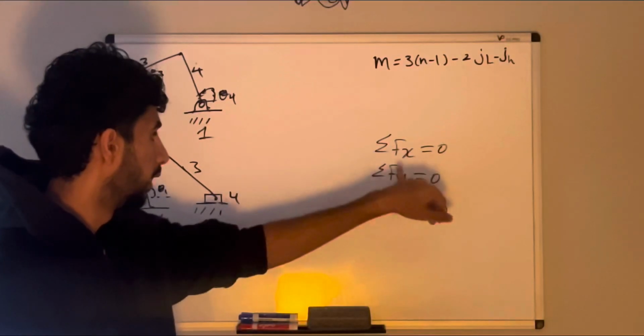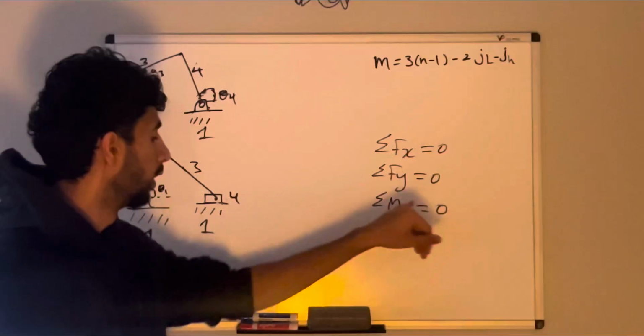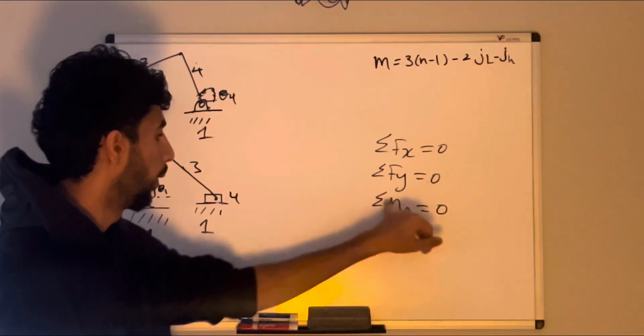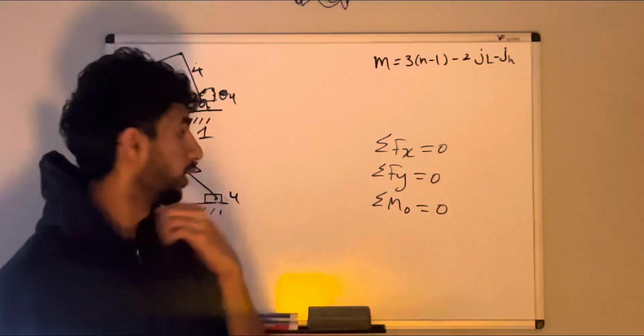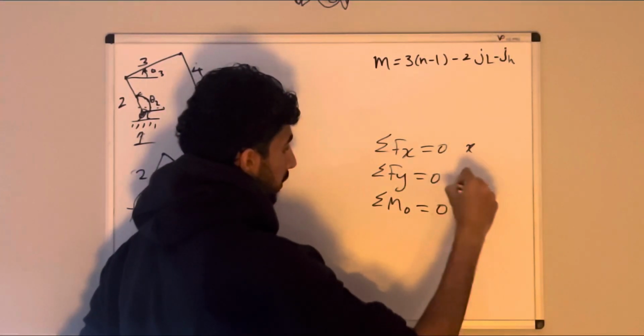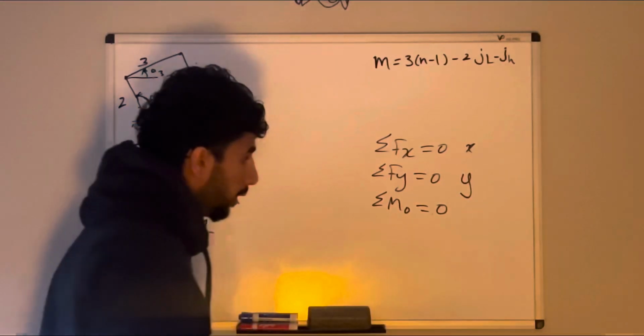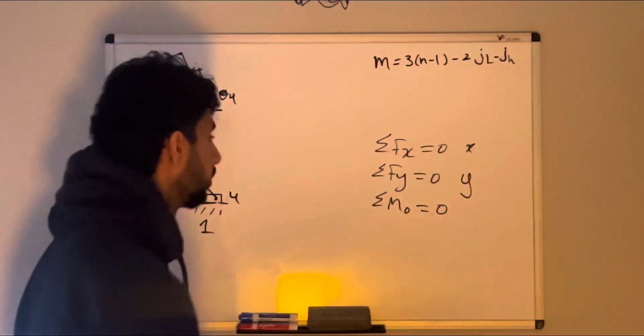We have summation of Fx equals 0, summation of Fy equals 0, and summation of moments about the origin equals 0. Essentially what it's saying is that the sum of forces in the x direction equals 0, the sum of forces in the y direction equals 0, and the sum of the moments about the origin that you specified is equal to 0.